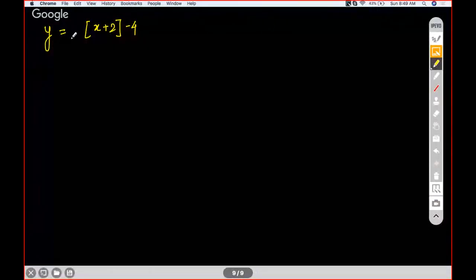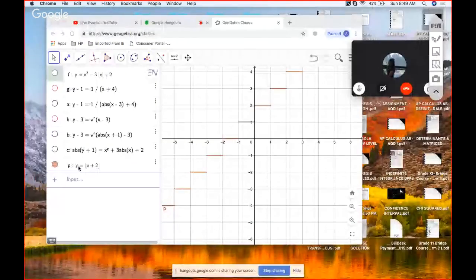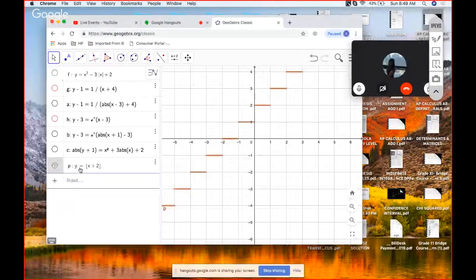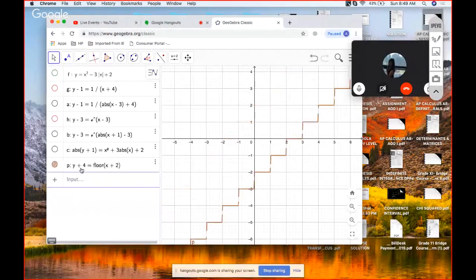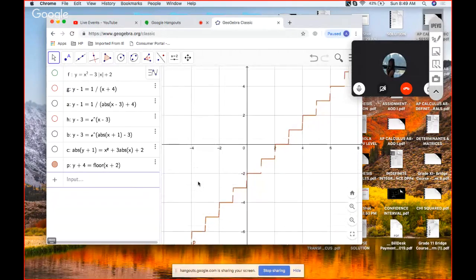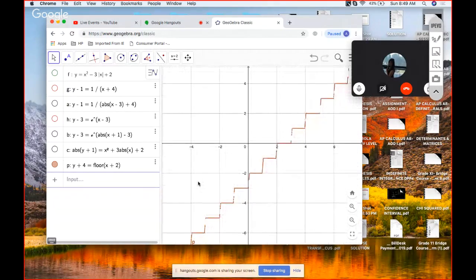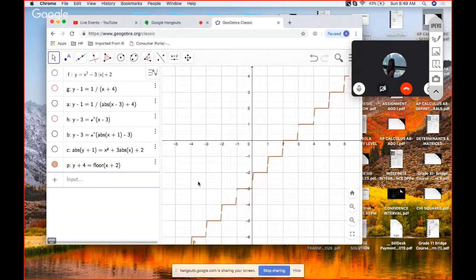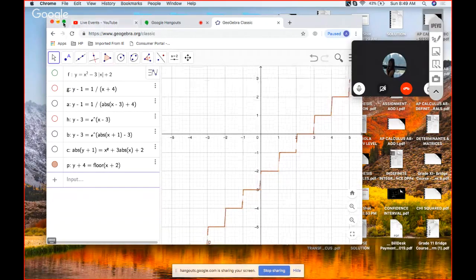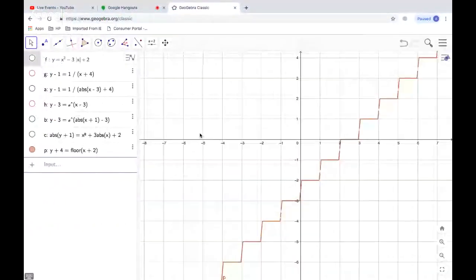That means y plus 4, so it'll shift 4 units down. I'm changing it here only, y plus 4. As you can see, it shifted 4 units down. It's again a fault of the graphics, it's not like flat, yes, it's not like that.